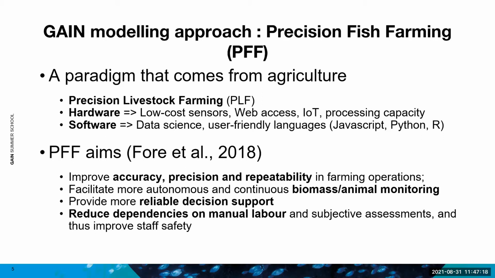If we talk with a more engineering point of view, on one side you've got the availability of low-cost sensors and the better availability of web access almost everywhere. You've got the Internet of Things that connects both sensors and web access. And also, we know that during the last decades we had a rise in processing capacity.